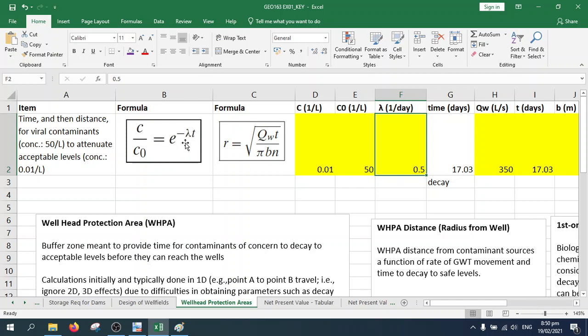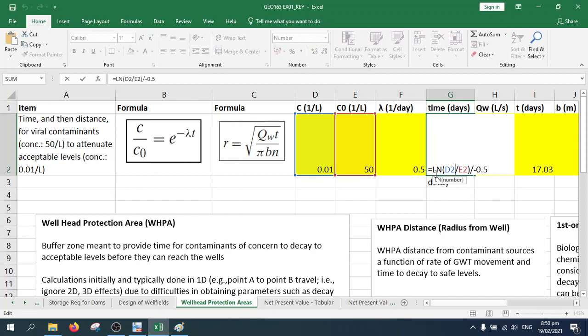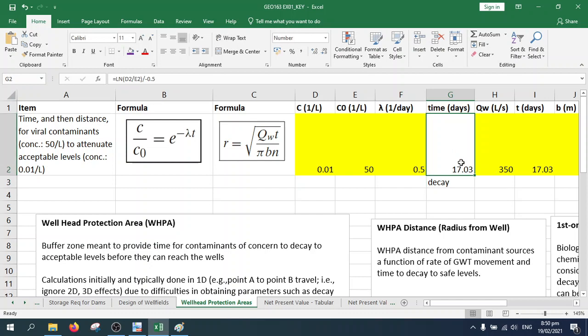You just have to plug the values into this equation. Take the natural logarithm ln of C divided by C naught, and then divide that quantity by negative 0.5, and you get 17 days.